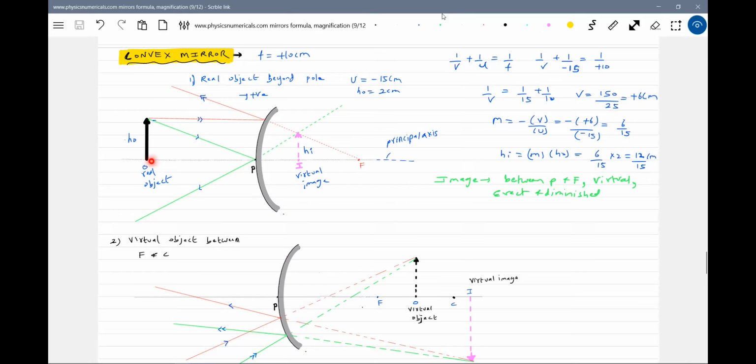Finally, when u is infinity, where will v be? v will be at the focus. Look at the mathematics here. So finally, for an object at infinity, the image will be at the focus. So if you move the object from pole to minus infinity, the image will move from pole to focus.